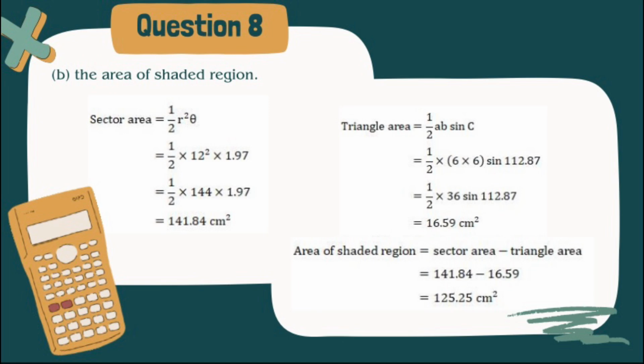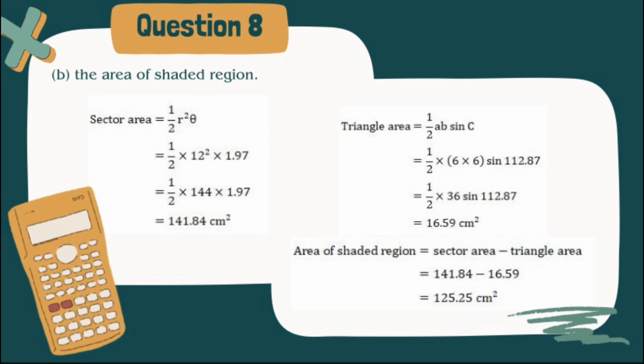So we get the answer is 16.59. So to find the area of shaded region, the sector area minus the triangle area.